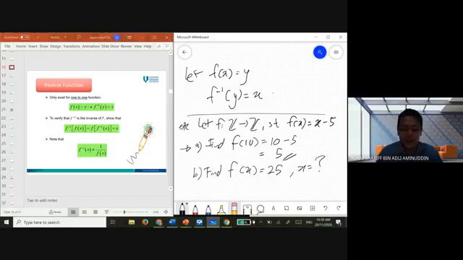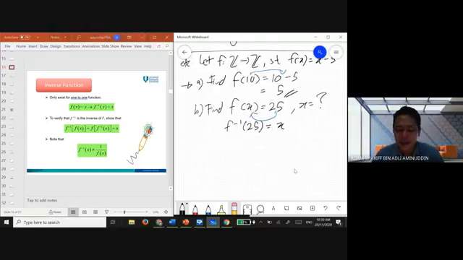So dalam case ni, you move from the y, you know the y. Yang the first one, you don't know the y, you know x becomes y. This one, you know the y, you try to find x. So, nak menukarkan 25 kepada x ini ialah by the concept of inverse function, you can know the value of x. Itu je.